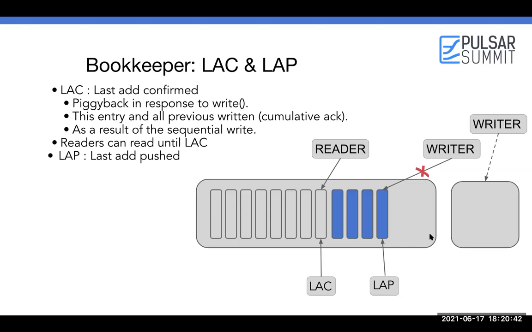Fencing is again something that happens by consensus, where enough bookies confirm that we can close this ledger. Then the new writer closes this ledger and starts writing. What it gives us is, if there was a split brain situation, the old writer cannot come back and write to the same ledger again. So we don't really have that split brain problem here.